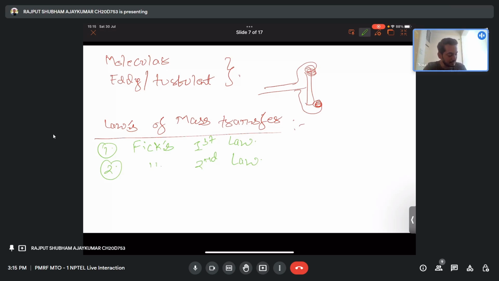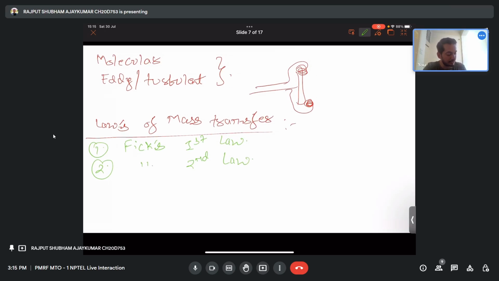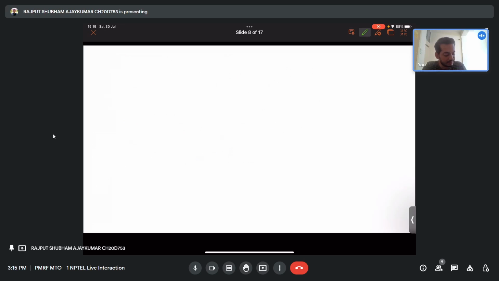So Fick's first law, if you have gone through the lecture notes, relates the flux Ja. The flux is the moles per area per time, that is, the transfer of moles of the species through a particular area in a particular time. So Ja is equal to minus D del Ca by del Z. Okay.